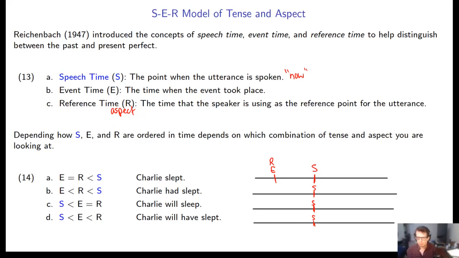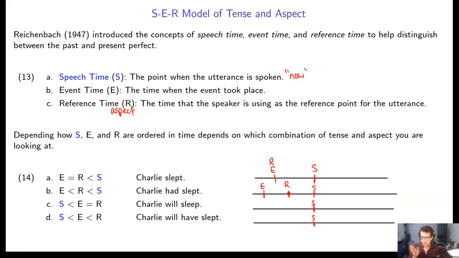But when we say Charlie had slept, we're doing something a little different. Let's say the event happened back here. The sleeping happened in the past. But we're picking a point in time here, the reference time, that we're thinking about in our head, and we're saying that at that point, Charlie slept prior to that point.